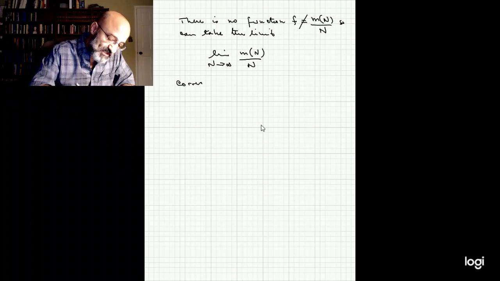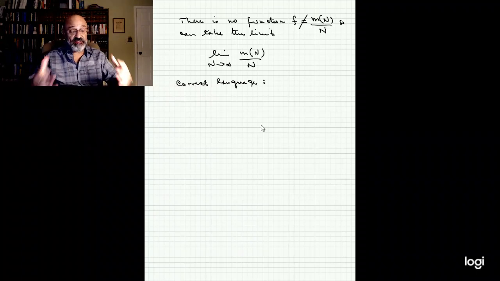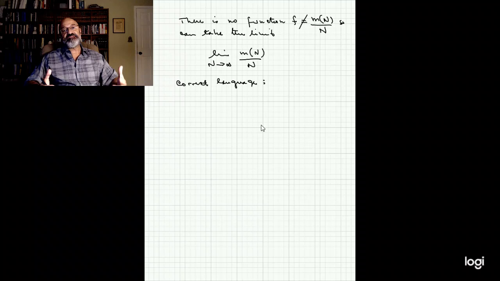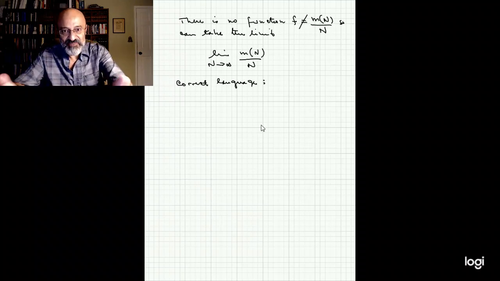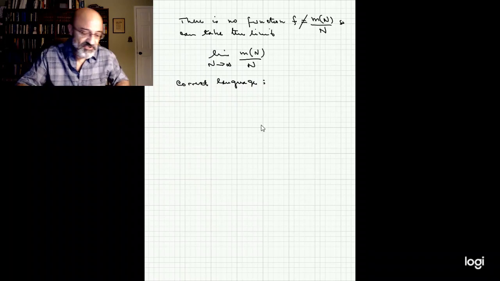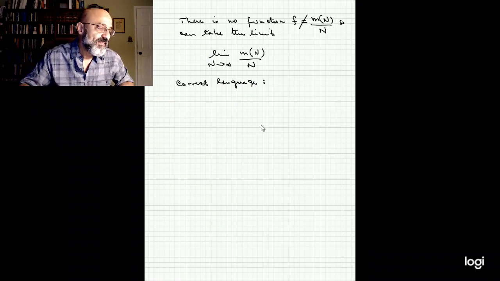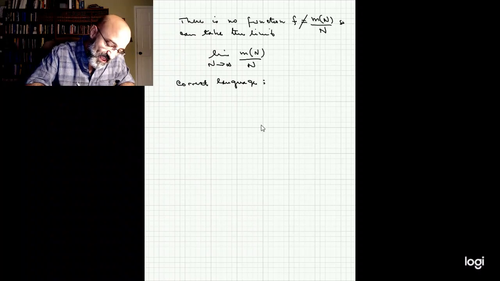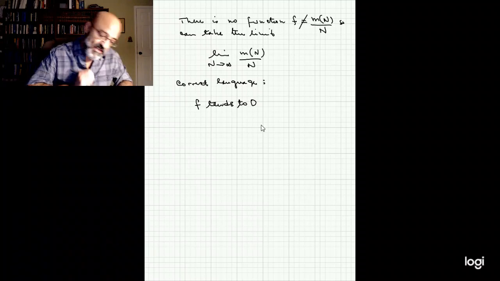The correct language to express this intuitive notion that for a very large number of trials the observed frequency is actually the probability, is that f tends to theta.